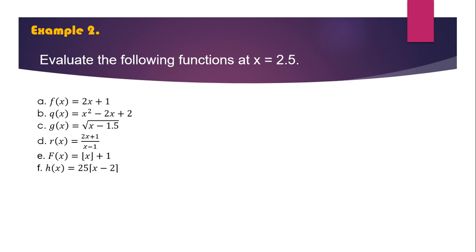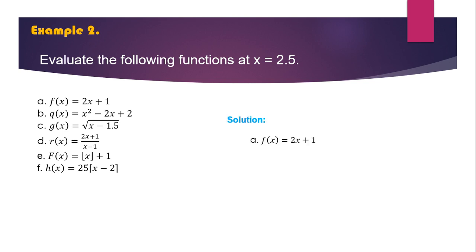And D, r of x is equal to 2x plus 1 over x minus 1. Then letter E, f of x is equal to the floor function of x plus 1. Letter F, h of x is equal to 25 times the ceiling function of x minus 2. So let us answer those items.